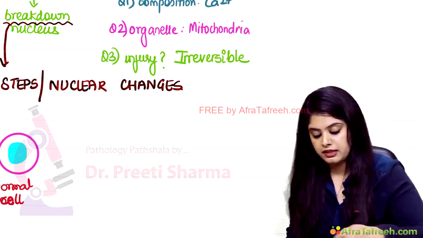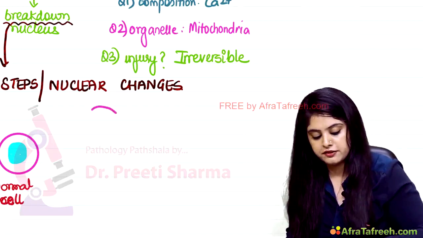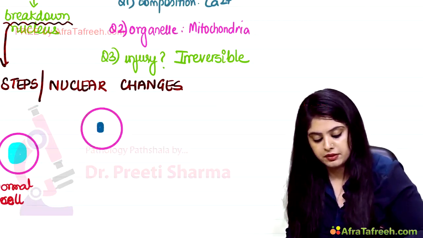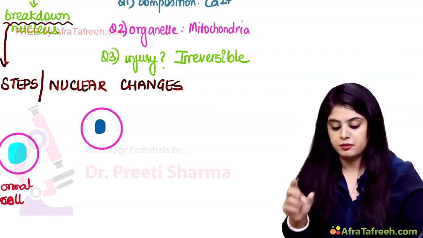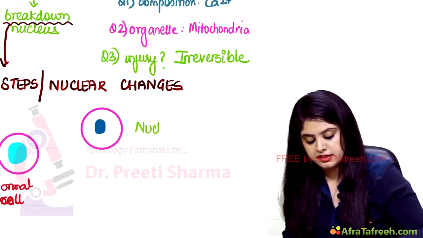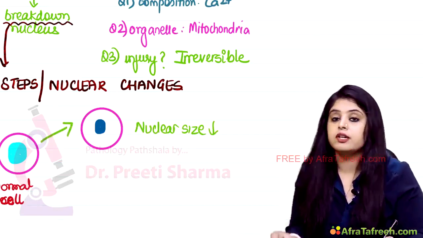Now what is happening is, let's say the first change. Again, I'll draw a cell. The first change is the same cell I have, but now focus on what has happened. Do you see how the size of the nucleus has become smaller? Number one, the nuclear size decreases. And do you also notice how I've drawn a darker shade?